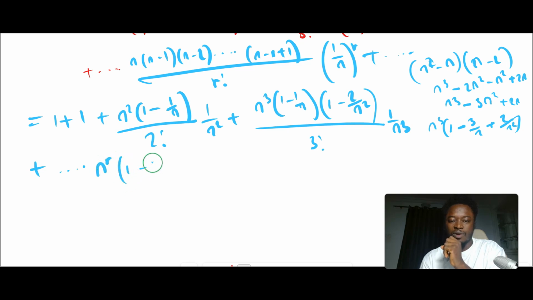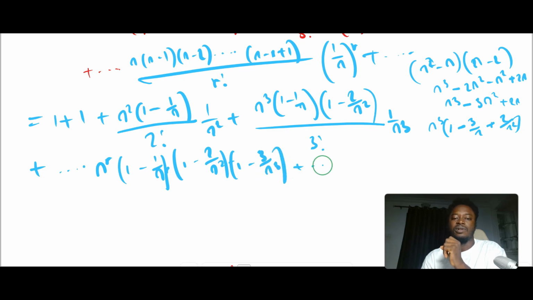Then you have a 1 minus 1 over n, then 1 minus 2 over n, then 1 minus 3 over n, then plus, up to 1 minus r minus 1.